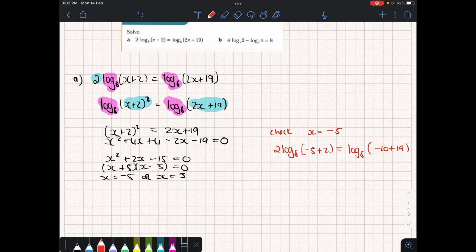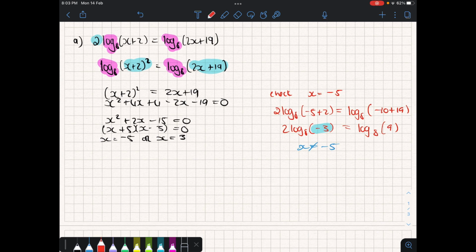Simplifying, we get 2 log base 8 of minus 3 equal to log base 8 of 9, and here we have a problem. The value is a negative number. We can't have a negative value, and so we can say that x cannot equal minus 5.